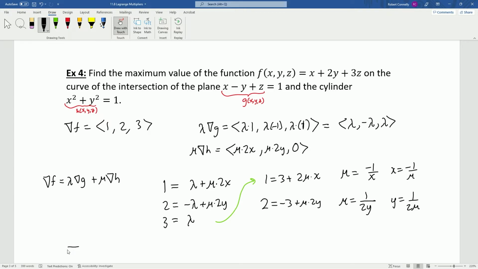So now I can plug that result into my constraint equation. And what do I get? Well, we get negative 1 over mu squared plus 1 over 2 mu squared equals 1.